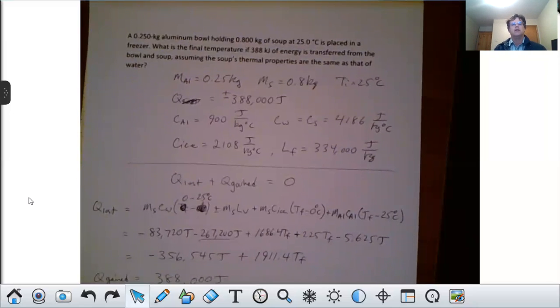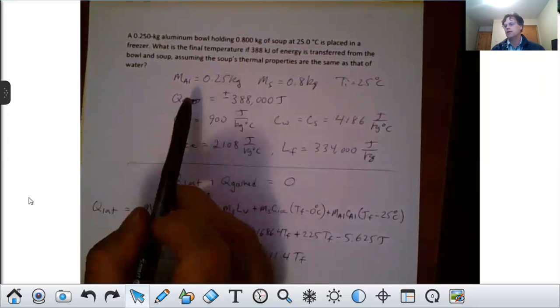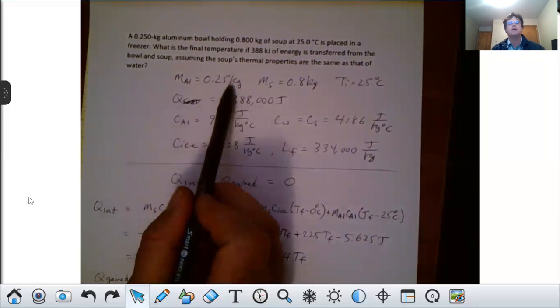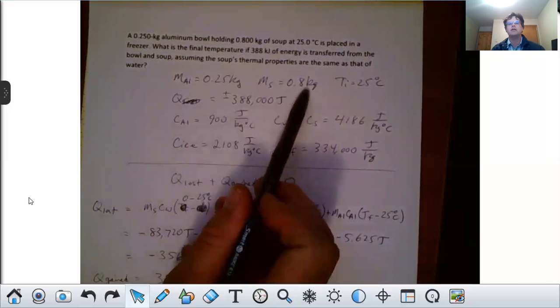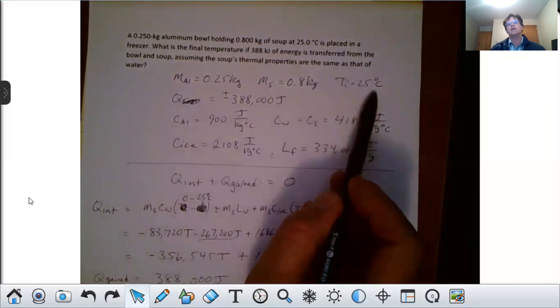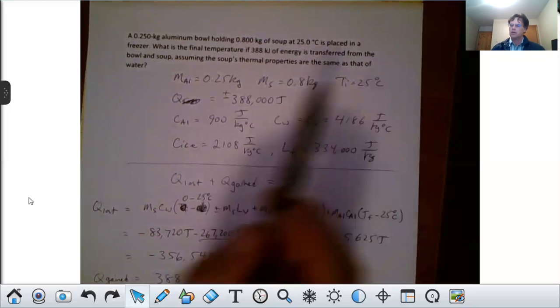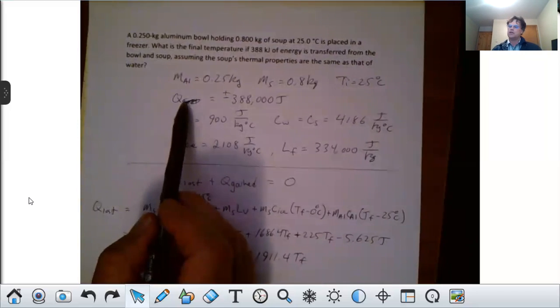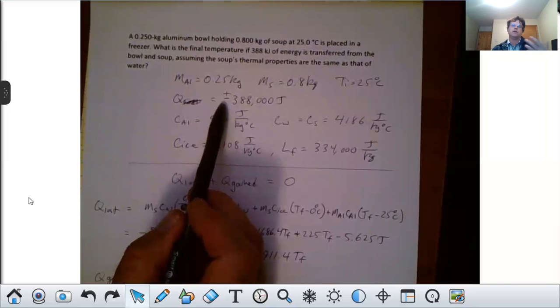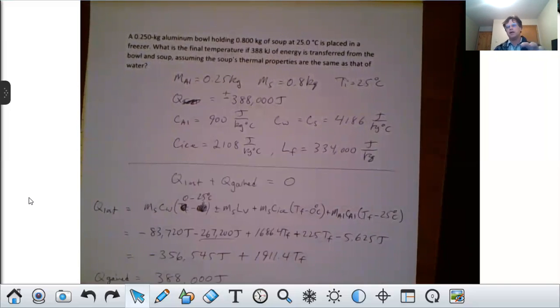But let's write down some constants first. So we've got the mass of the aluminum, 0.25 kilograms, the mass of the soup, 0.8. The initial temperature of everything is 25 degrees Celsius. Now the heat transfer is either positive or negative, depending on what you're looking at. If I'm looking at the freezer, it's going to be positive because the freezer is gaining that heat.